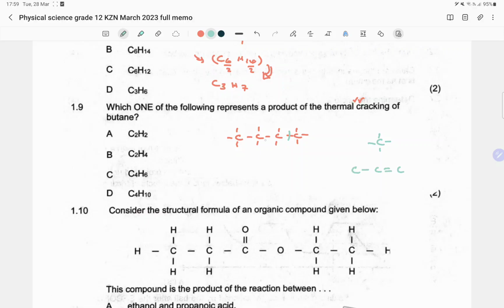Okay, because this is what is going to end up happening there. When we lose one hydrogen, we'll be forming a double bond. Trying to think now, is it a propene really? Yeah, we go home with that. So we will need another hydrogen. Where will it come from then?